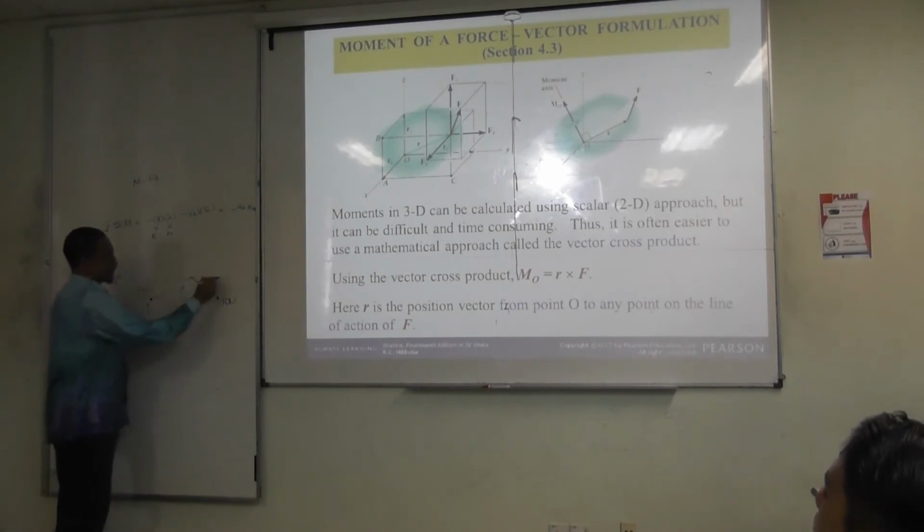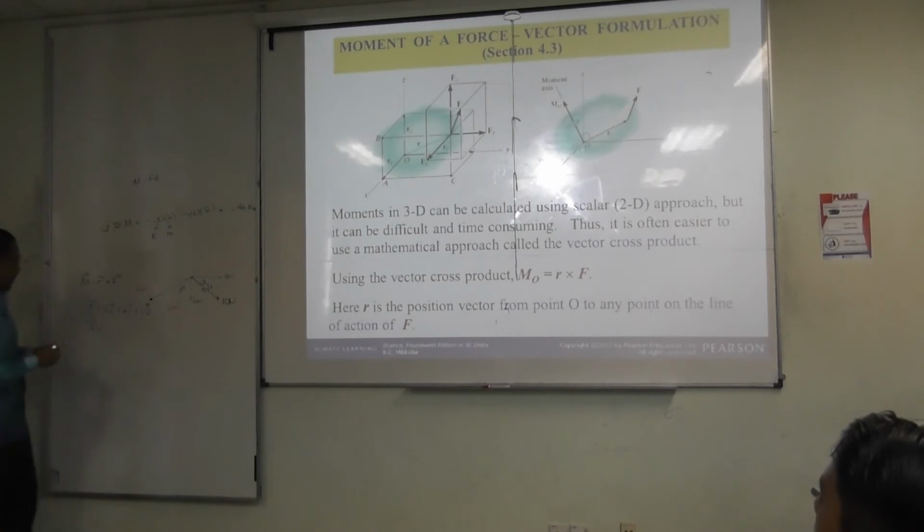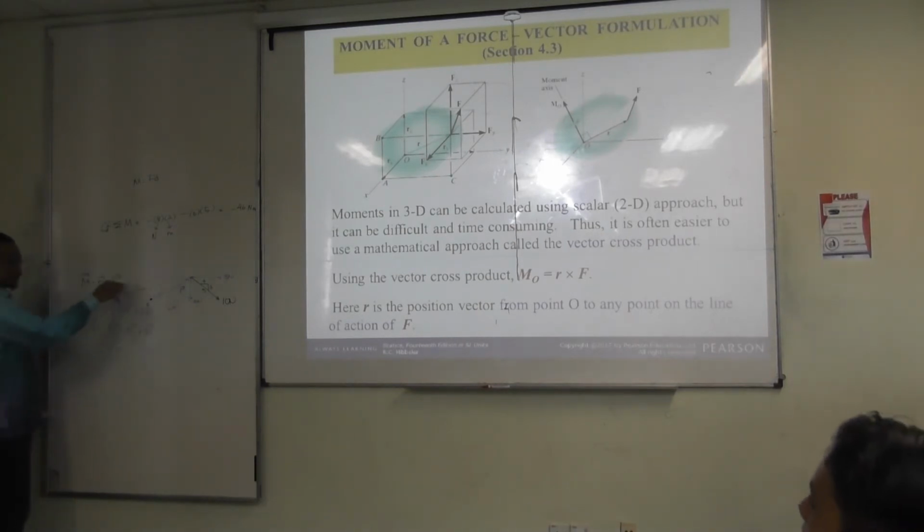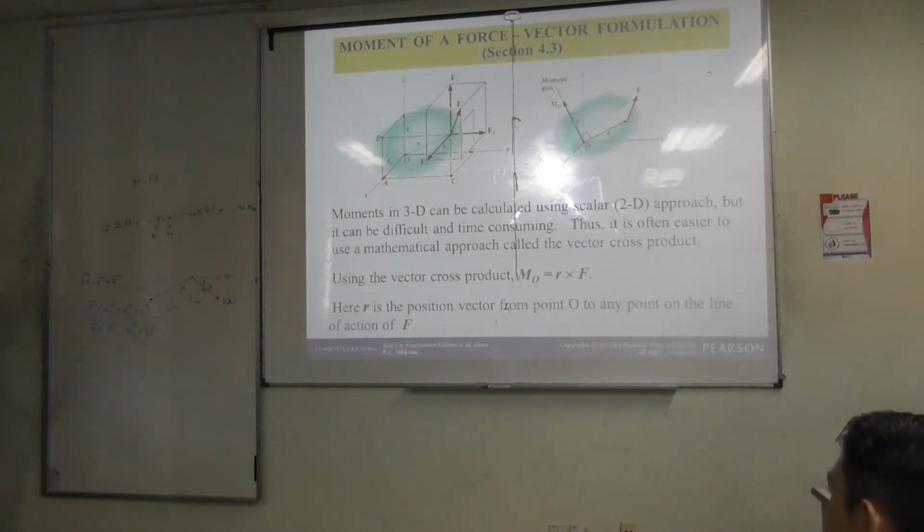Basically you have this component of 8 and 6, right? So 8i minus 6j plus 0k, right? k is going out of the whiteboard, so it's 0.